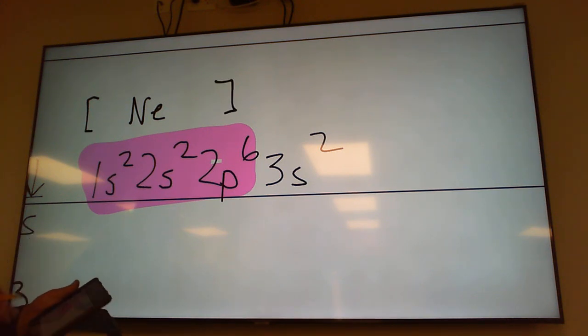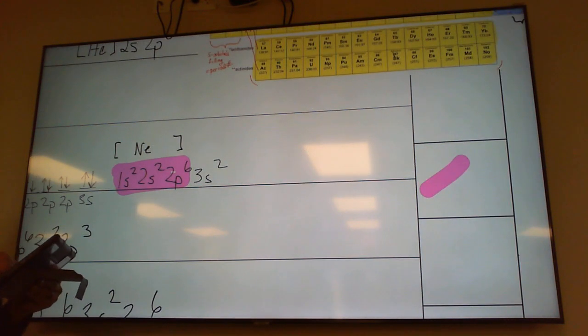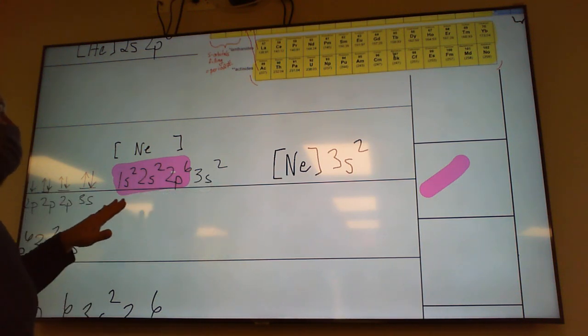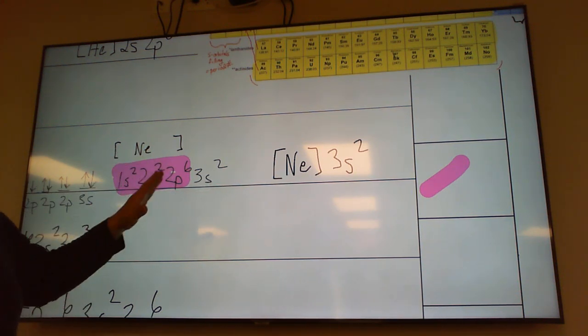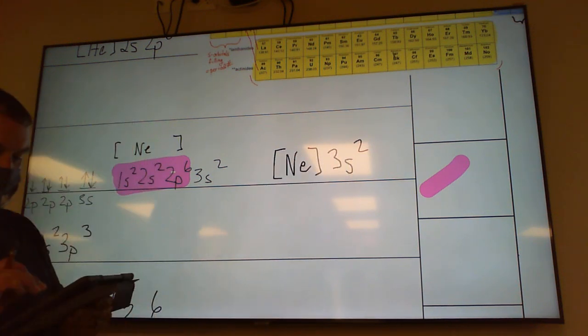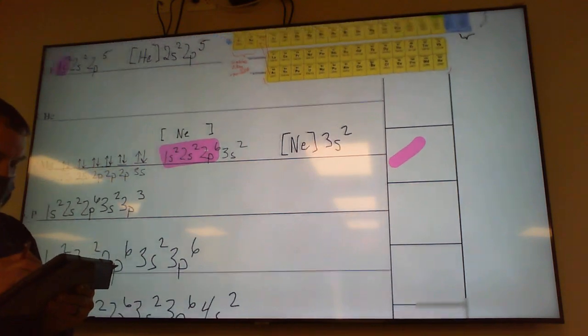So when I rewrite this for shorthand, it would look like this. Because the Ne is going to stand for everything in the brackets, and you're just picking up where the Ne leaves off. Okay? Let's look at the next one.